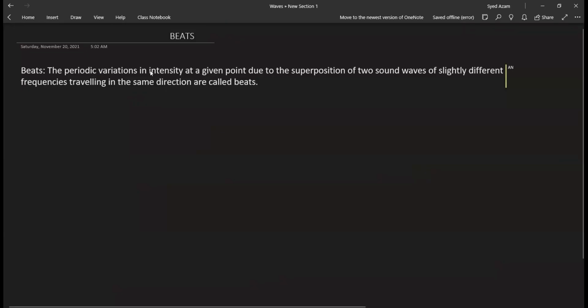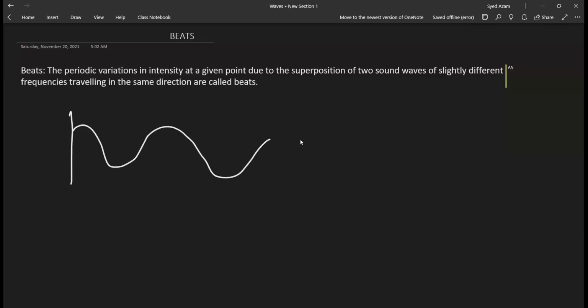Okay, class, last topic. What is meant by beats? So see, when two sound waves are there, and they're traveling with different frequencies. Let's say this is one sound wave, traveling with some frequency nu1.